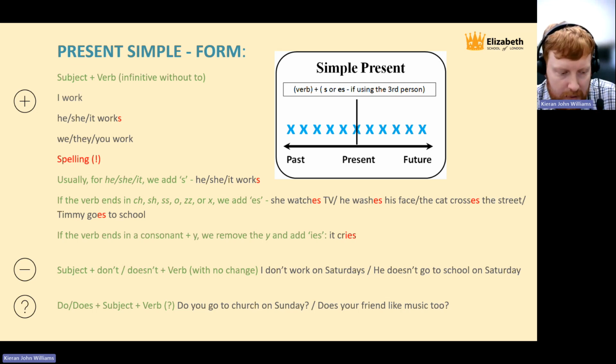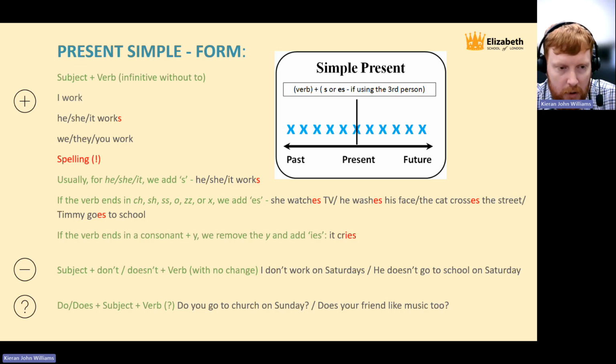All right, but you do need to be careful because it is not always S that we add on the end. It could be ES or it could be IES as well. So let's have a look at the situations where we would use it. Okay, so like we mentioned, this is only for he, she, it. The other ones just have the basic form. Okay, so normally it would be S, let's say maybe 90% of the time.